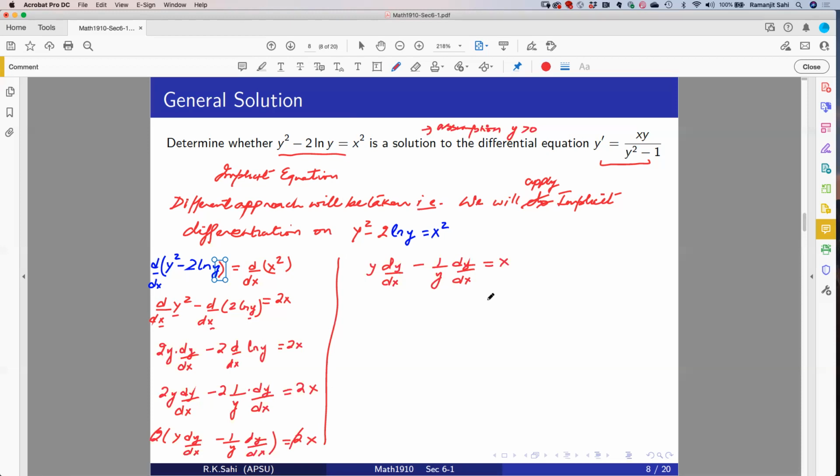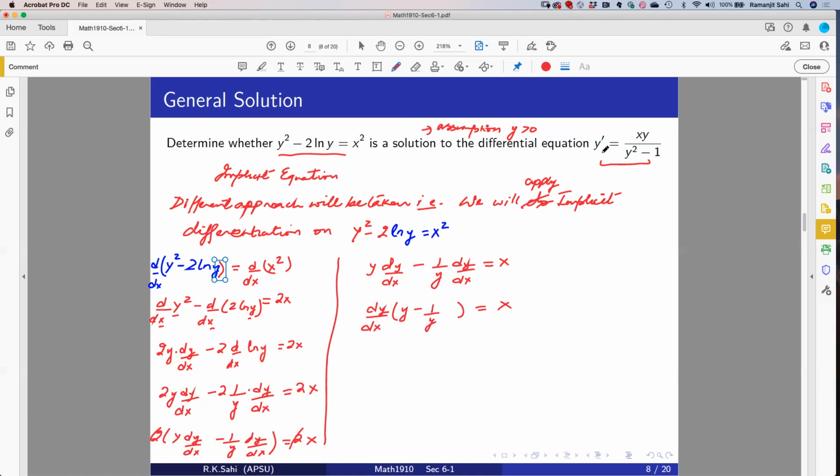If you remember, for implicit differentiation, we gather the dy by dx terms together, which is already done here. And now we will factor out the dy by dx and combine like terms: y minus 1 over y, times dy by dx, equals x.